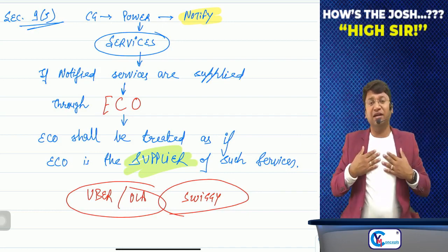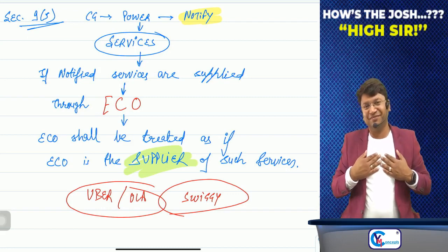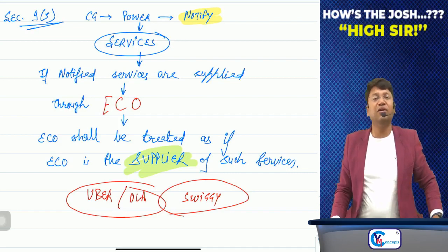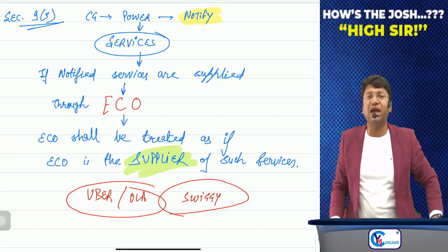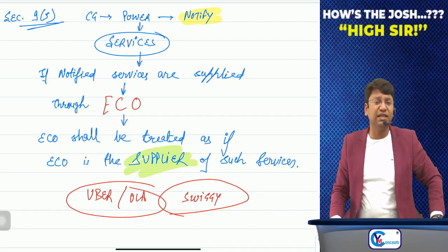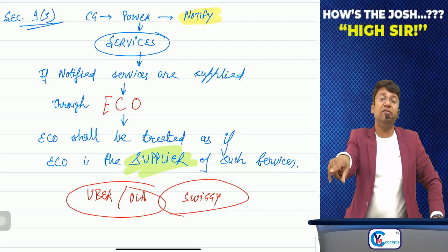Sir, the government will not collect the tax from the taxi operators. Whether Uber is located in India or is a company located outside India, we don't care. They will have to pay the tax. If they have a physical presence in India, they will pay the tax. If they don't, then their representative office in India will pay the tax.